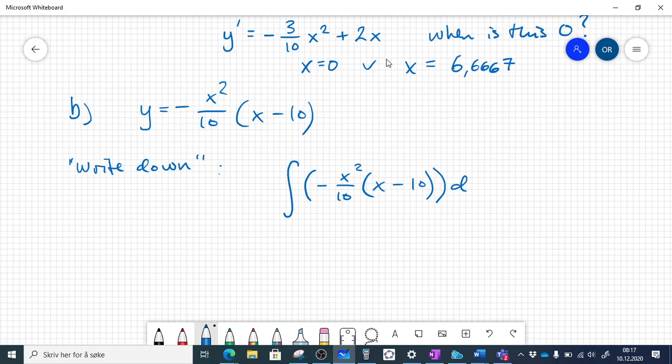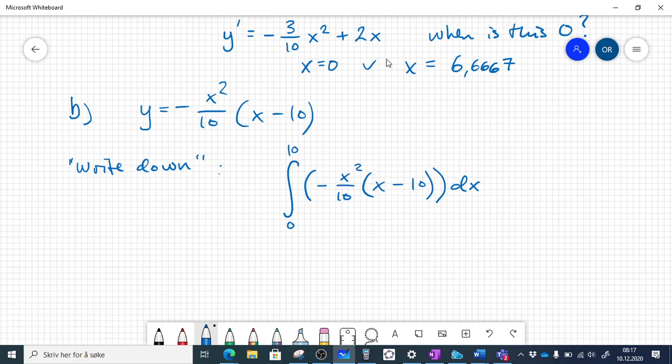And then put this dx at the end here. The only thing missing now is the boundaries. And you know that this curve, since you've already drawn it, has to go from 0 to 10. And that's the area function that we are interested in then.